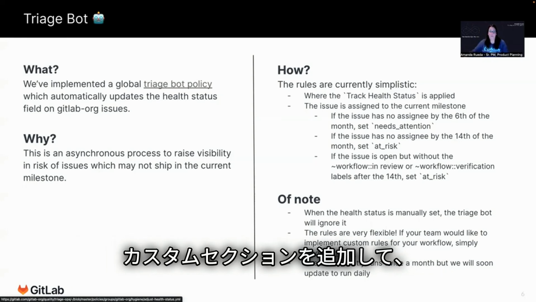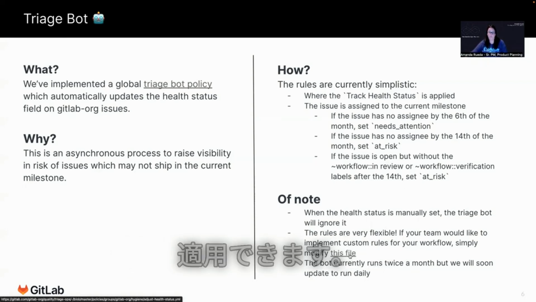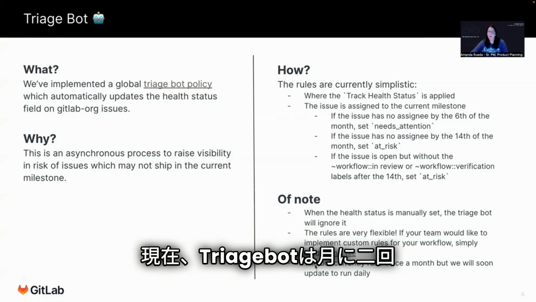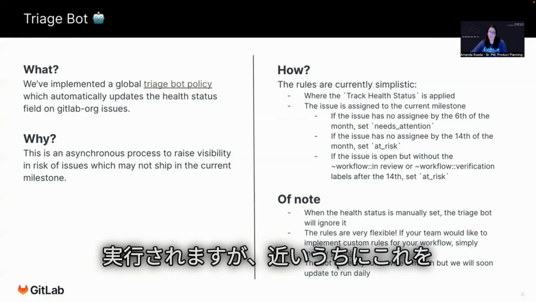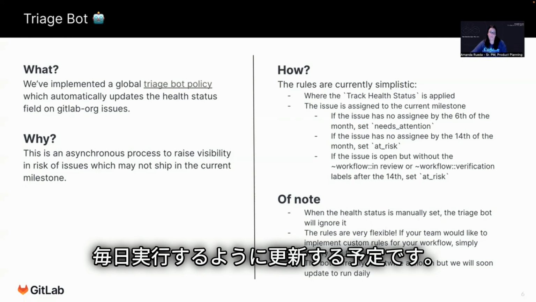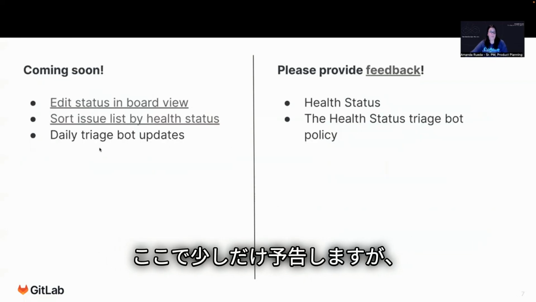If you want something specific to your team, you're more than welcome to create a custom section of the policy for your group using group labels, for example. Currently, I want to note that the bot runs twice a month, but we are soon going to update this job to run daily.